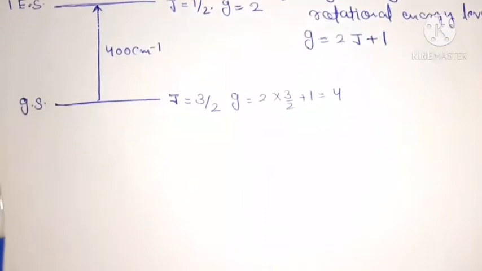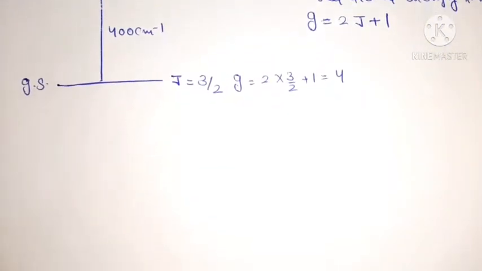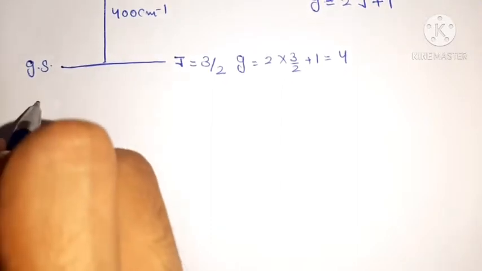Now friends, we know the relation between the intensity of a spectral line and the relative population of energy levels. The relation states that the relative intensity of a spectral line is directly proportional to the relative population of energy levels.